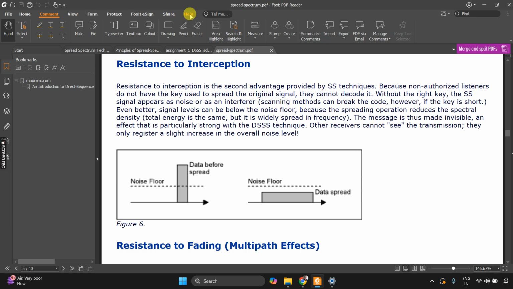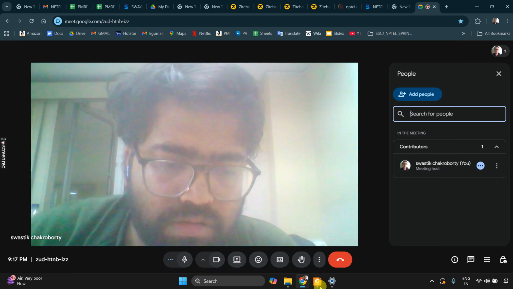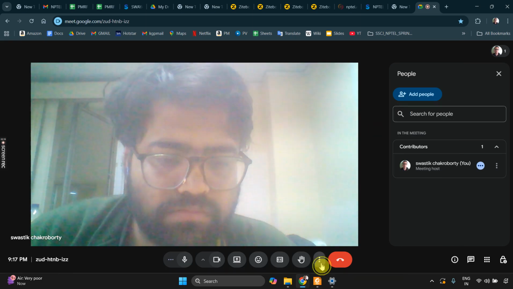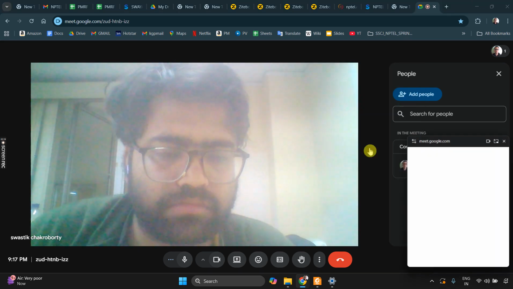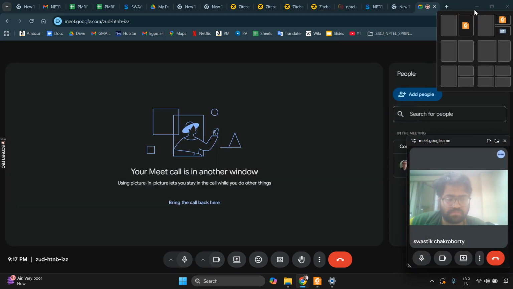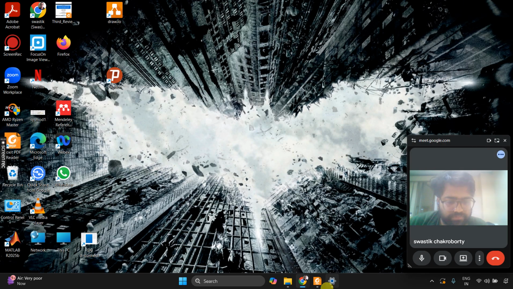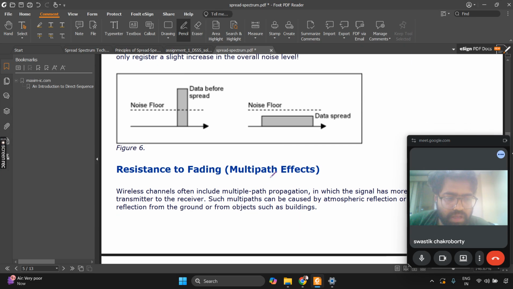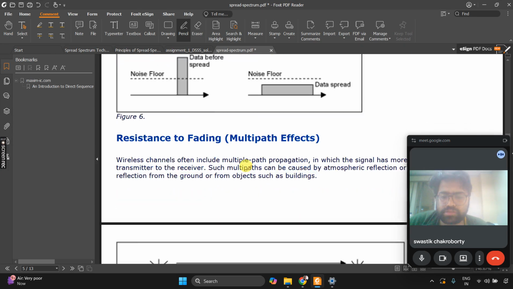So any signal that is below that floor will be considered as noise. Any signal we interpret as noise.